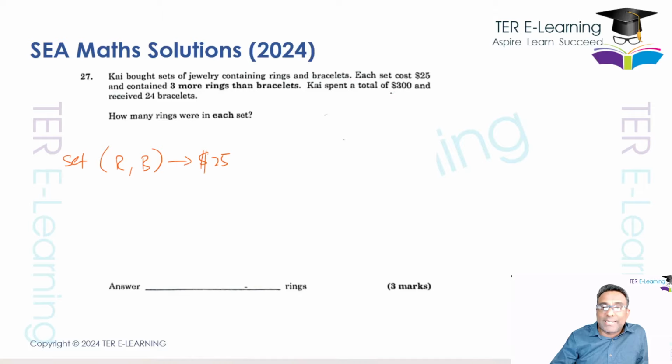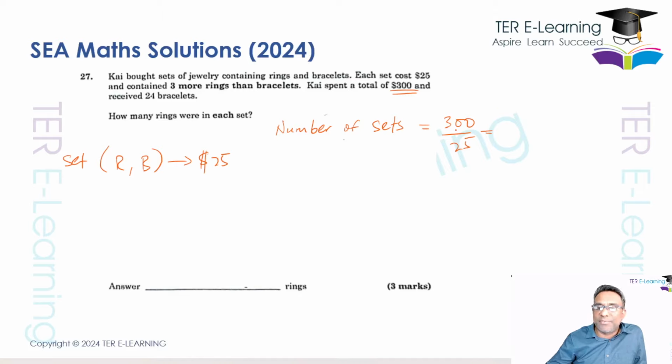Now they said that he spent a total of $300, right? So what we can do, we can figure out the number of sets that he purchased. So number of sets, all we need to do to get that, we're going to take $300 and divide that by 25, right? Now, we have multiple ways we can work this out here.